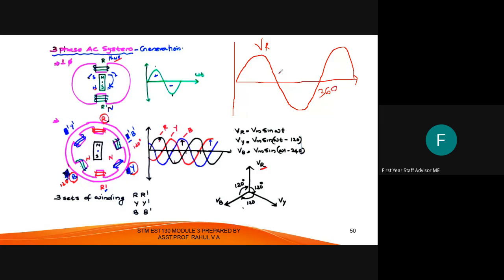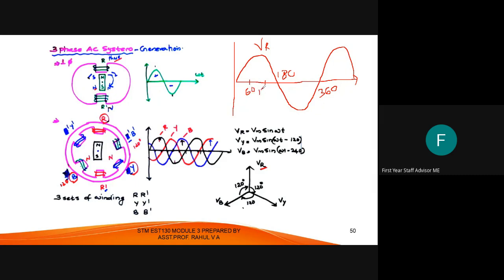This is 180 degree. Okay, so since the duration of positive half cycle is 180 degree, I can divide this into 3. Okay, so I can say that this is 60 degree.